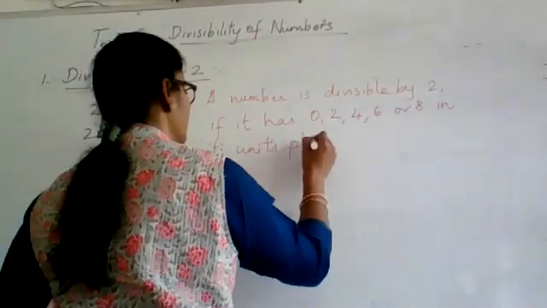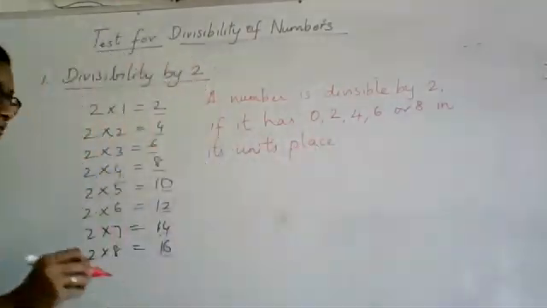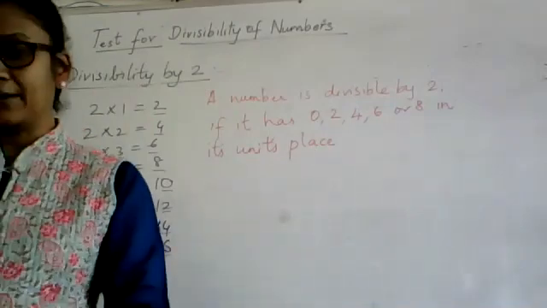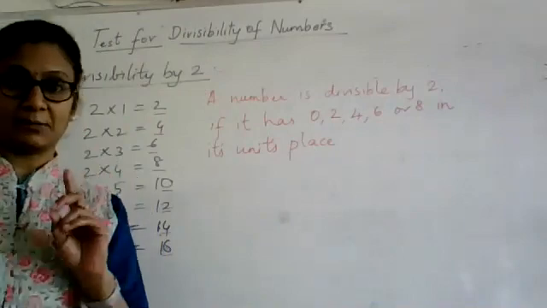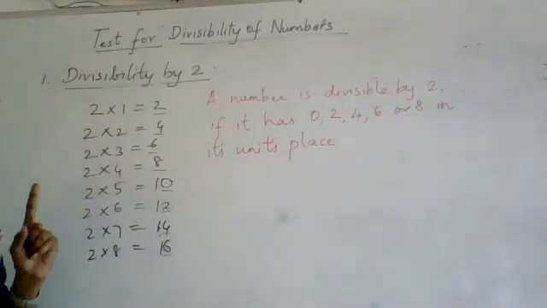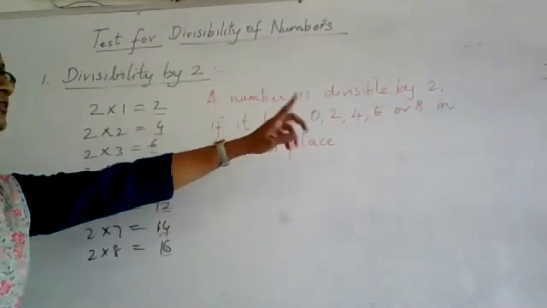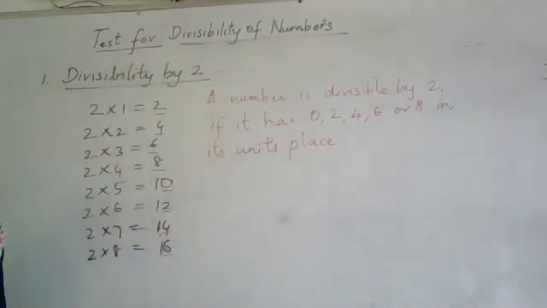Units place or ones place, anything you can say. So if this condition is satisfied, then I can say that the number is divisible by 2. So please remember, that's a very, very important statement I have written. A number is divisible by 2 if it has 0, 2, 4, 6 or 8 in its units place.